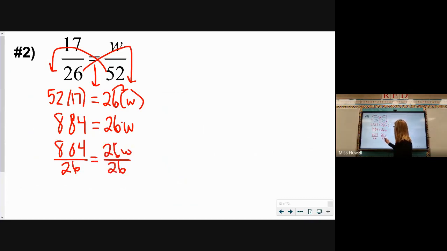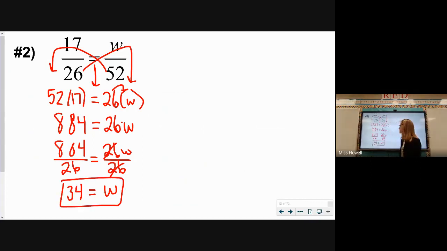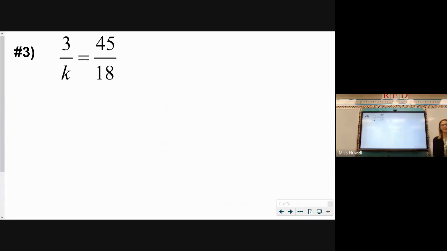All right, cancel on the one side, bring down our w. And 884 divided by 26 on the other side would give us 34 equals w. All right, so if we were to think about that original problem, the fraction 17/26 is equivalent in value to the fraction 34/52.